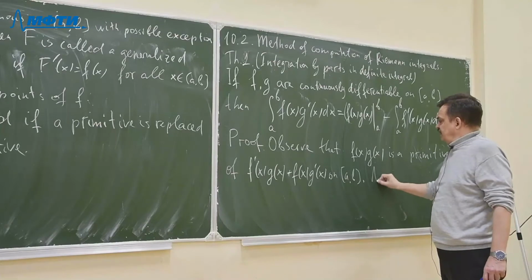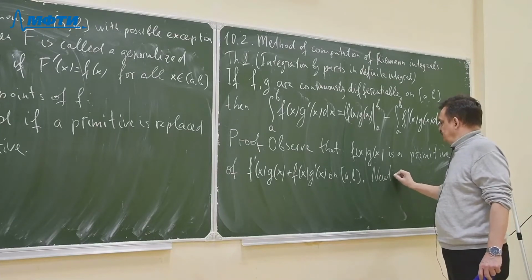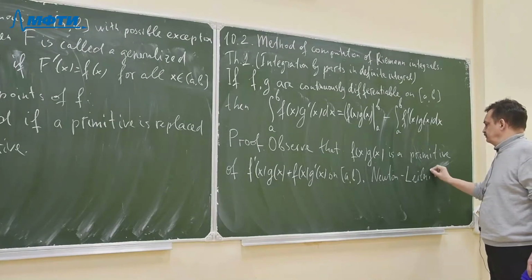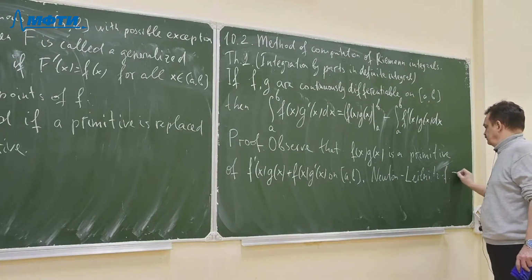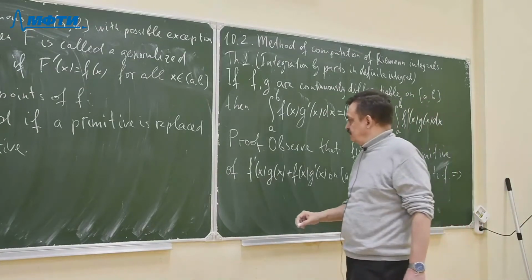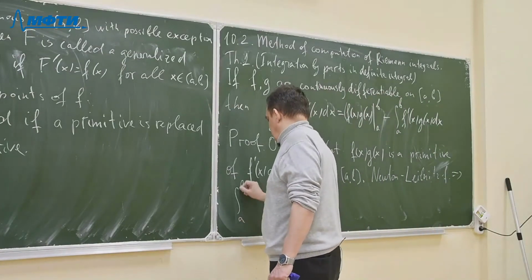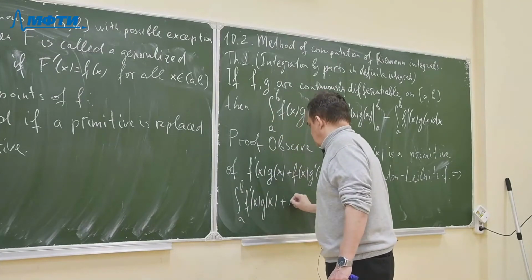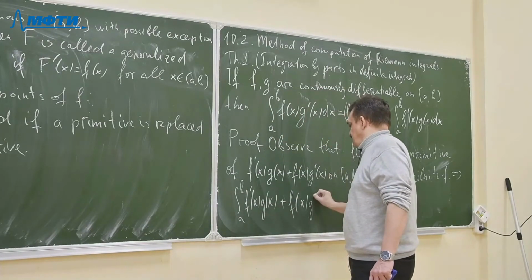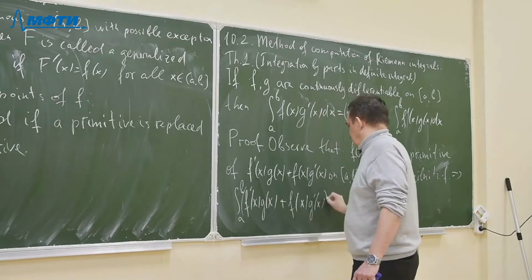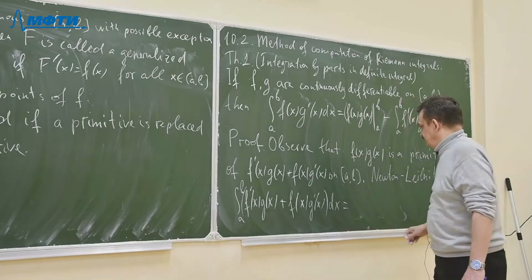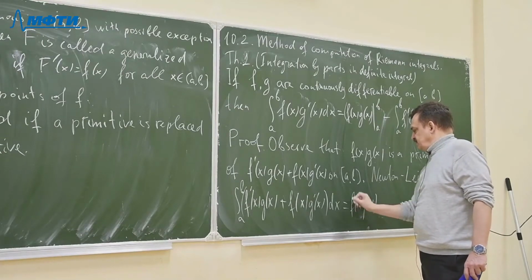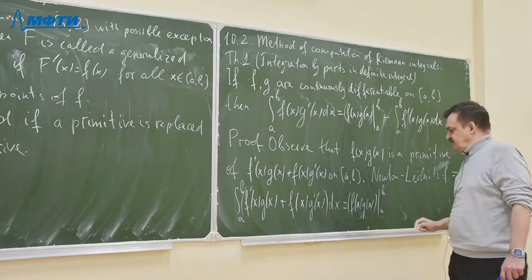So, by the Newton-Leibniz formula, the integral from a to b of f prime of x g of x plus f of x g prime of x dx equals f of x g of x substitution from a to b.